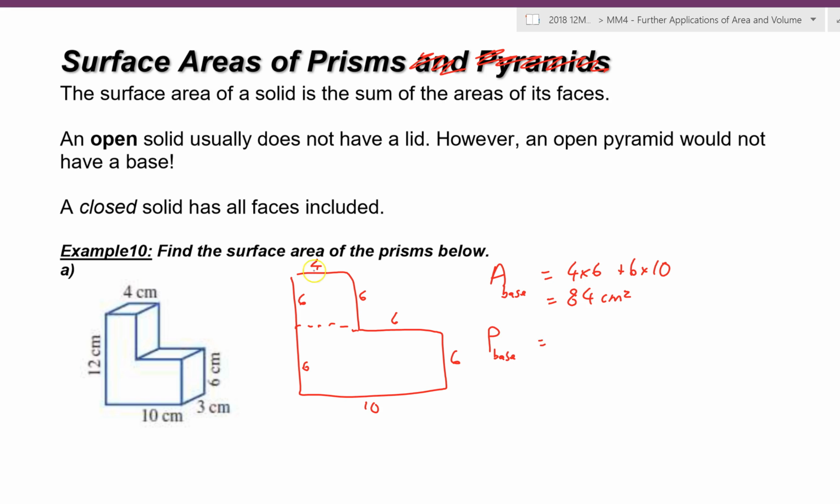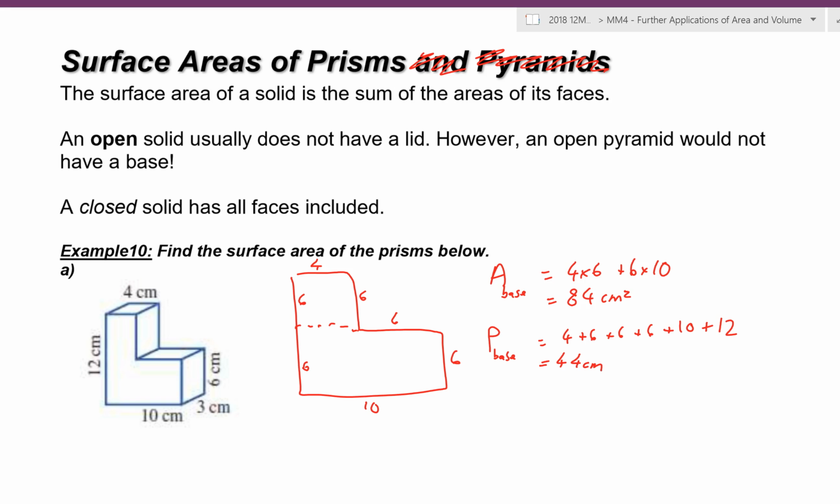I'm going to start at the top here and work my way around in a clockwise fashion. So that's 4 plus 6 plus 6 plus 6 plus 10 plus, I'll use the whole 12 there. The perimeter of that base is 44 centimetres.